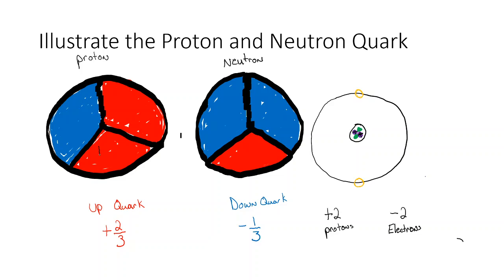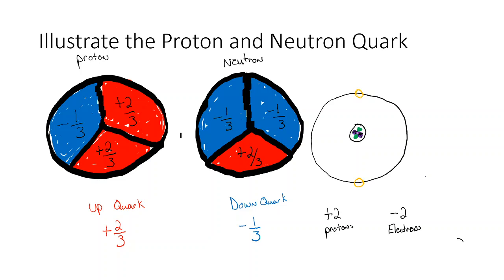Remember, an up quark, the red, is +2/3. +2/3. And -1/3. -1/3. -1/3. And +2/3.